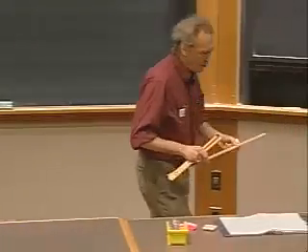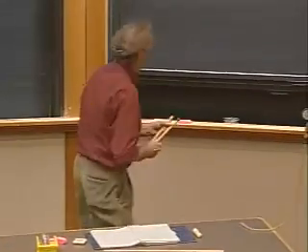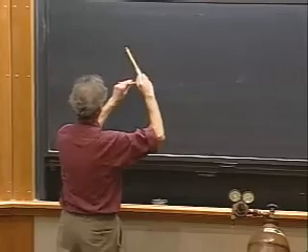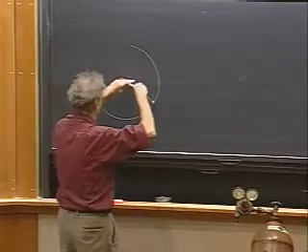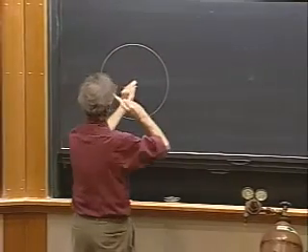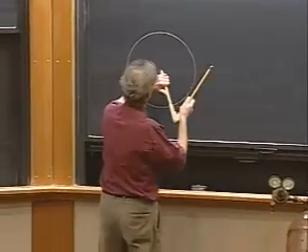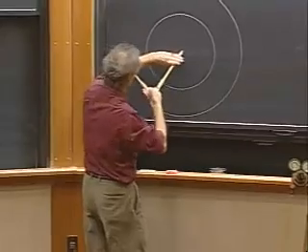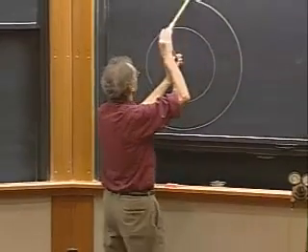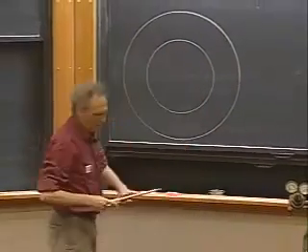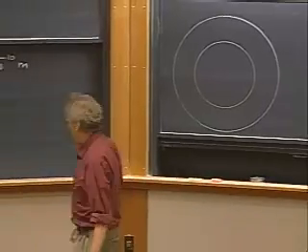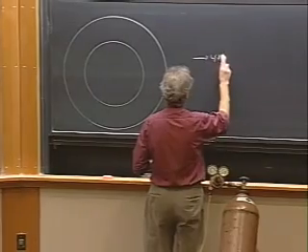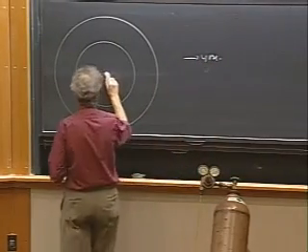So let's make a picture of a simple binary system whereby the orbits are circular. That is a little special, but it will get the point across. So this is the orbit of one star, and this is the orbit of the other star. So it's a circular orbit, and you are here. This is the center of mass.